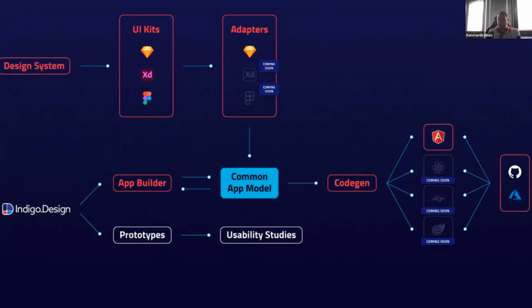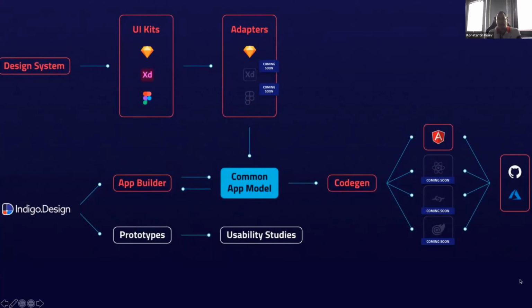And so we use these UI kits to build the components themselves. Since we already have the UI kits and utilize them internally, we can utilize metadata that comes from these UI kits for Sketch, for Figma, for XD, in order to generate what we call a common application model. A common application model is an agnostic description of a web application.